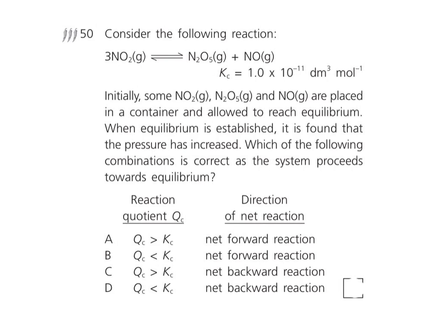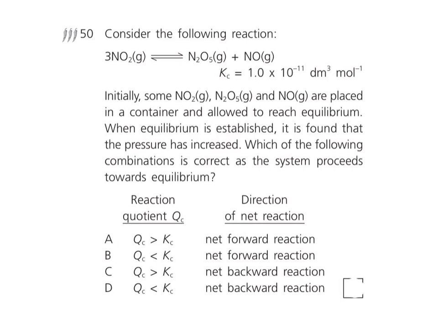We've got some NO2 and N2O5 and NO placed in a container and allowed to reach equilibrium. When equilibrium is established, it's found that pressure had increased. Which of the following combinations is correct as the system went towards equilibrium? Well, looking at the choices, we can rule out at least a couple of them, I think. If Q is greater than K, then there has to be a backward reaction.